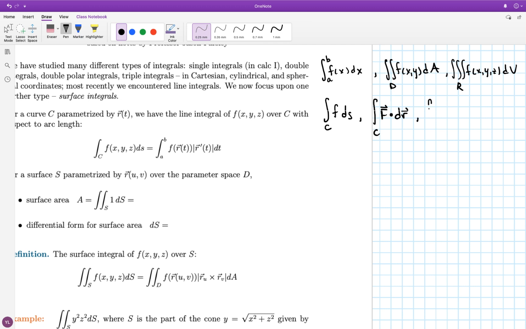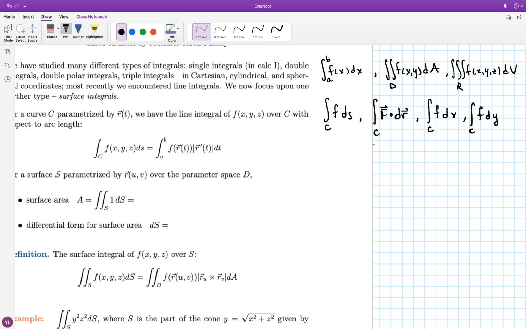And we did also see, as part of these line integrals of vector fields, that when you take a particular parameterization of the curve C, then this type of line integral breaks down into line integrals of a function with respect to a variable. So these are all of the line integrals that we've seen so far, and they make an appearance in theorems in this chapter, like Green's theorem.